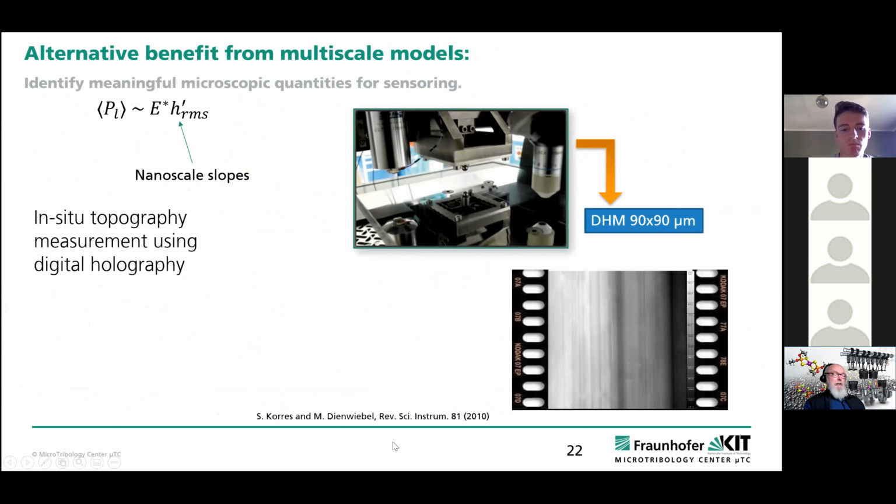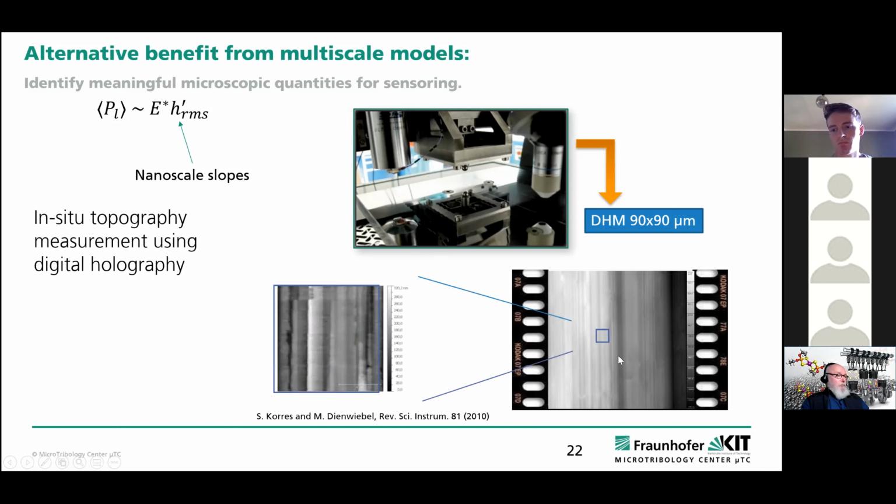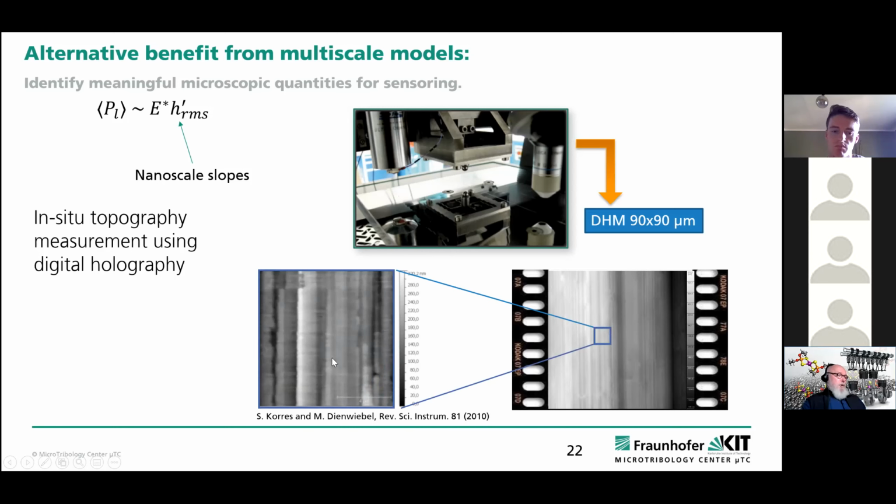This has been done by Martin Dienwiebel, and these are basically his slides. And from that, of course, you get the slopes on the nanoscale. And maybe these are very good quantities to fit into a neural network and to predict.